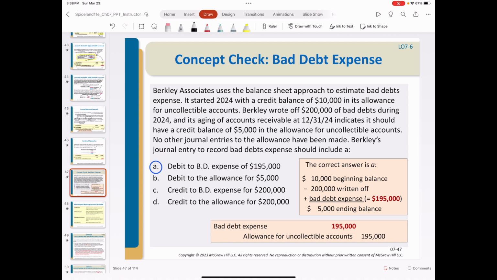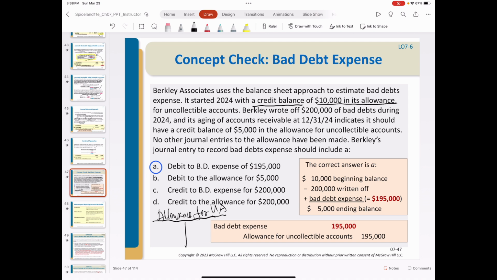In this example, we're given that there was a credit balance of $10,000 in the allowance for uncollectible accounts. So you may use a T account. Here, this is allowance for uncollectible accounts, to be simple.